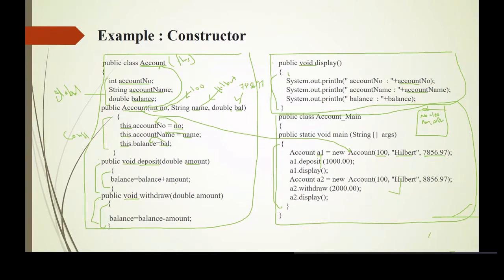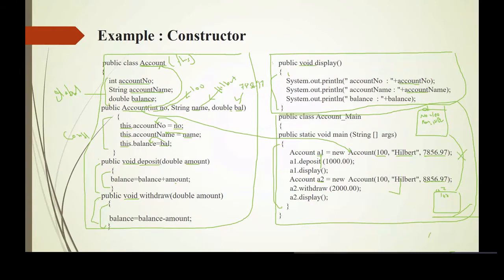Now I can create another instance called A2 from the account. I can create many objects, as many as I want. This one will have 100 as the account number, Hilbert, but the balance is different. Now these two accounts are not the same.